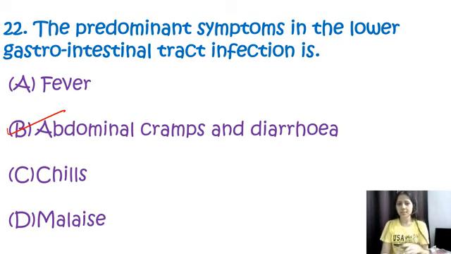These symptoms are often accompanied by other gastrointestinal disturbances, for example nausea, vomiting, or sometimes fever. While fever, chills, and malaise can occur in infections, abdominal cramp and diarrhea are the hallmark symptoms of a lower gastrointestinal tract infection. So over here the correct option will be B, that is abdominal cramp and diarrhea.